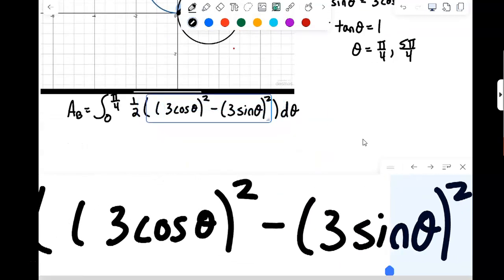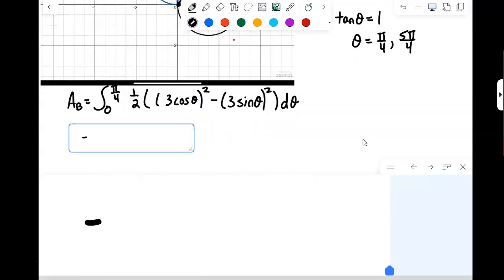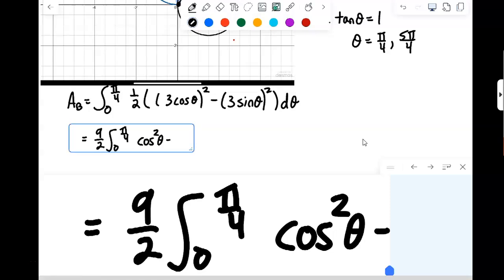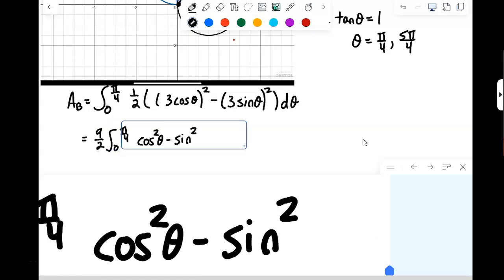3 squared will be 9. We pull all those 9s out along with the 1/2 and have a 9/2 out front. Integral from 0 to pi over 4 of cosine squared theta minus sine squared theta.